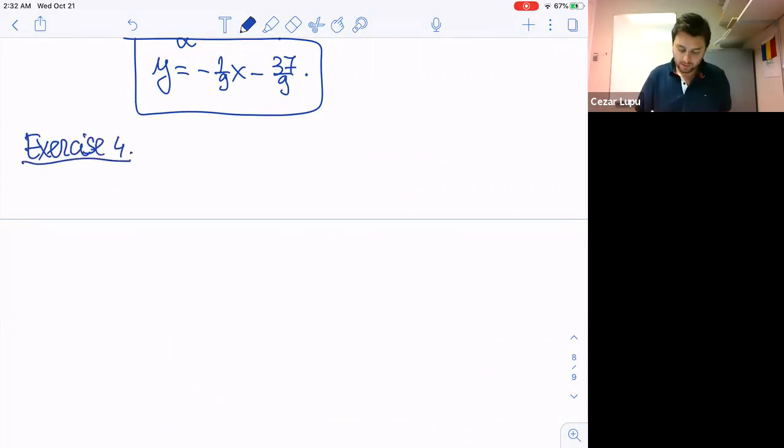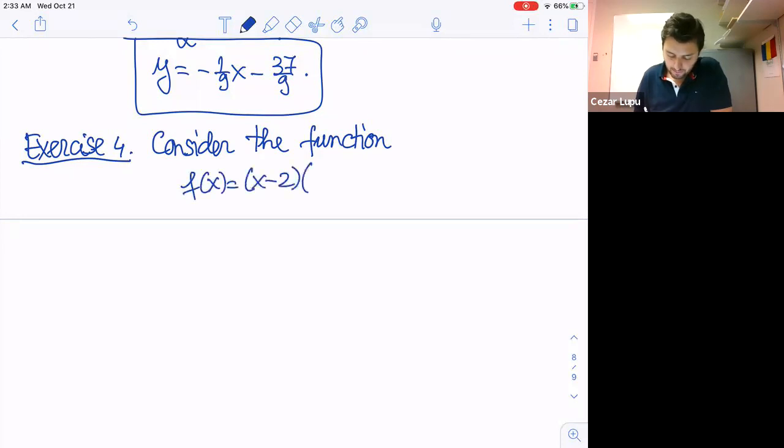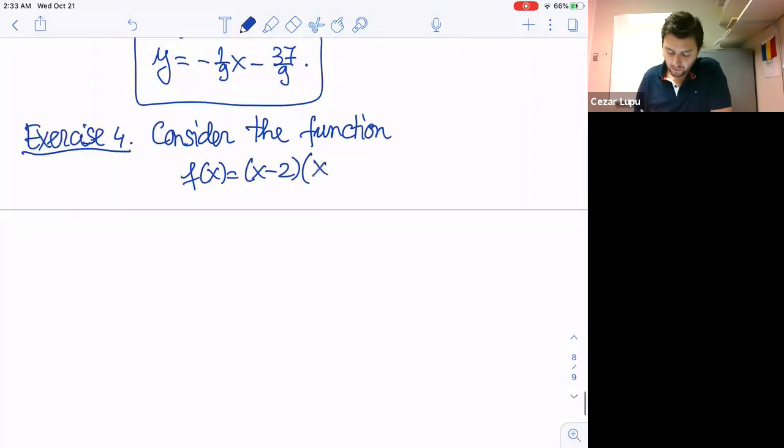Which says the following. Let's consider the following function. We will take F of x equals x minus 2 times x squared plus 4x minus 7.